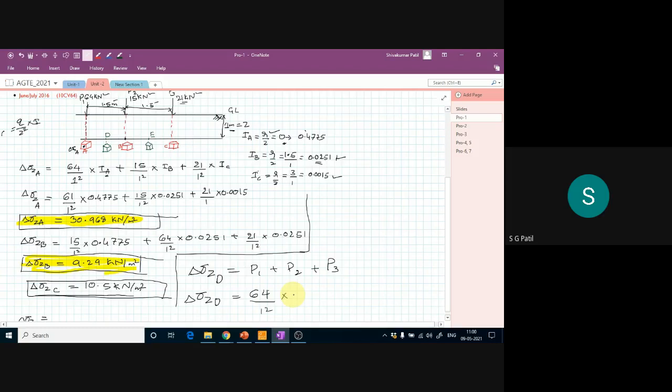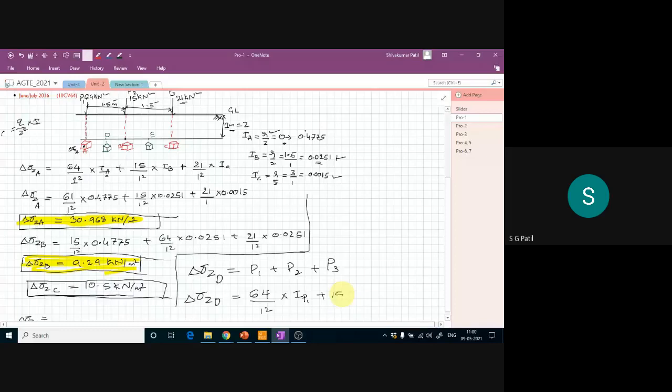Due to point load, I will write IP1, plus 15 kilonewton, which is my second load.